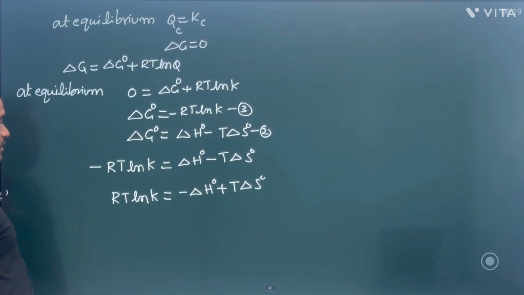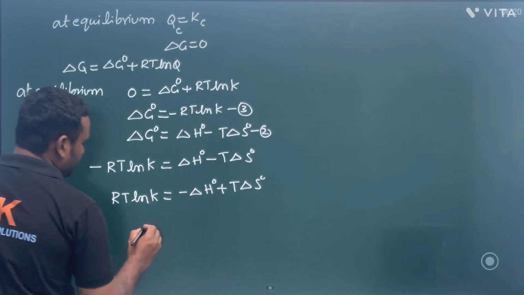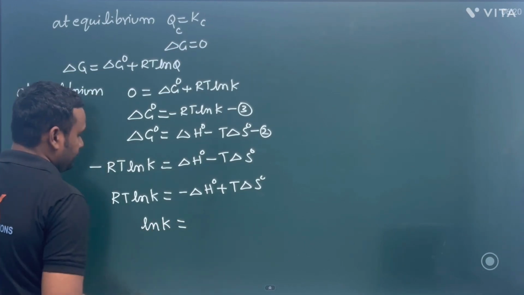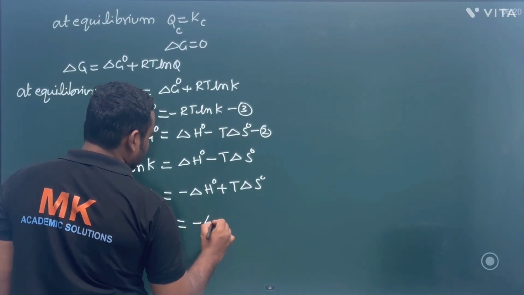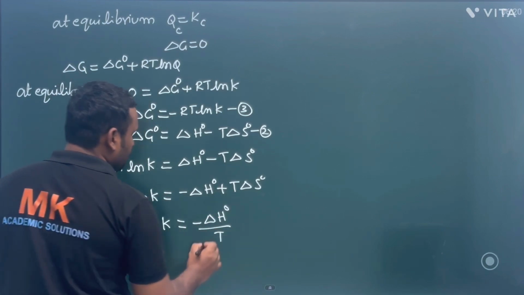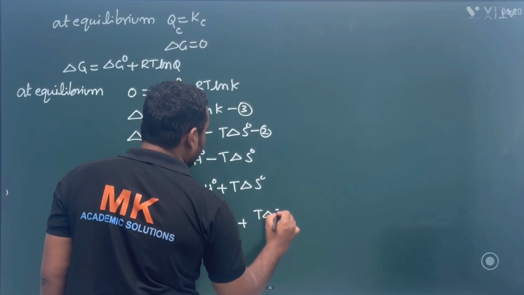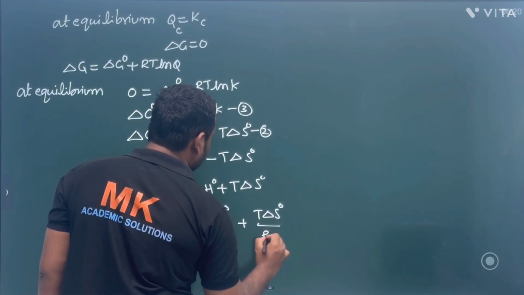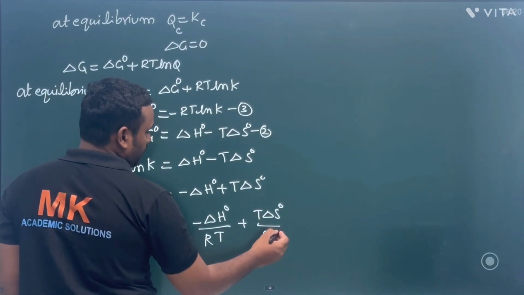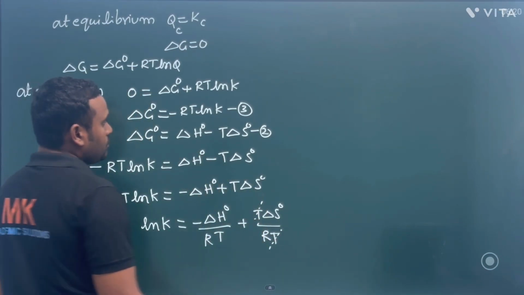Now you send RT to that side, so ln K is equal to minus delta H naught by RT plus T delta S naught by RT. Now here T will get cancelled out in the second term.